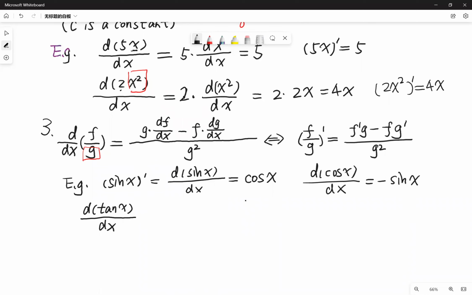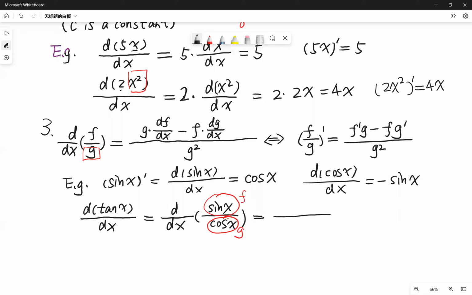So we can make use of the quotient rule here, because tangent x equals sin x by cosine x. We apply the quotient rule here. This sin x is the f, and this one is g, right?